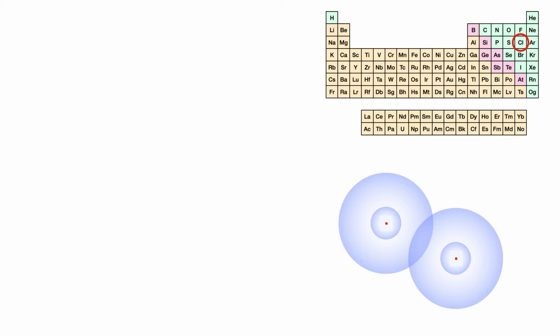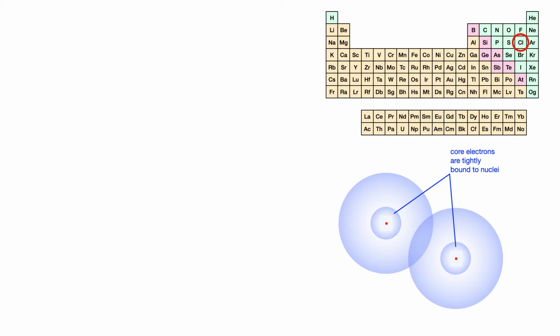But looking at the electron distribution in the chlorine atoms, we can see that each of the atoms retains its electron core. The core electrons are still strongly attached to the nuclei, and that remains true when two of these chlorine atoms come into proximity. The cores stay firmly attached to the atomic nuclei.